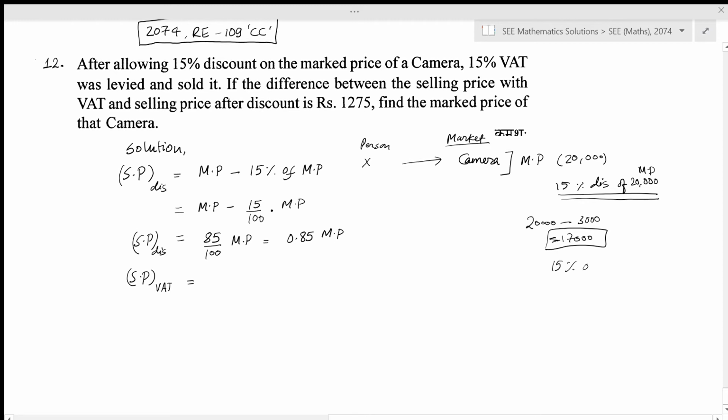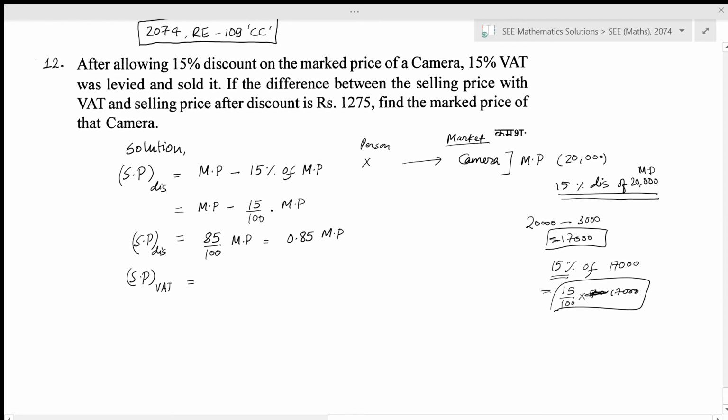If the VAT is added here, the VAT amount will be equal to 15% of 17,000. This is the VAT percent times the amount, so it is 1500 divided by 100 times 17,000. This is the VAT amount.